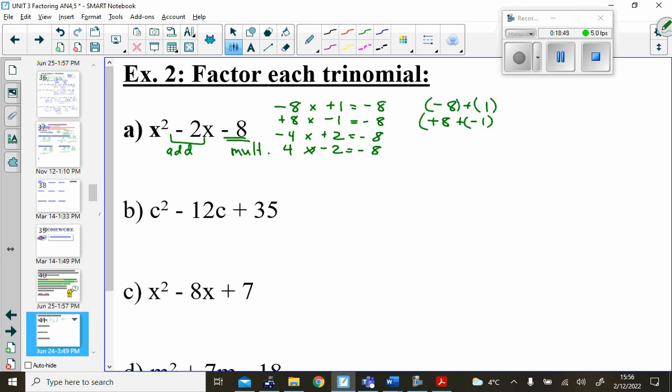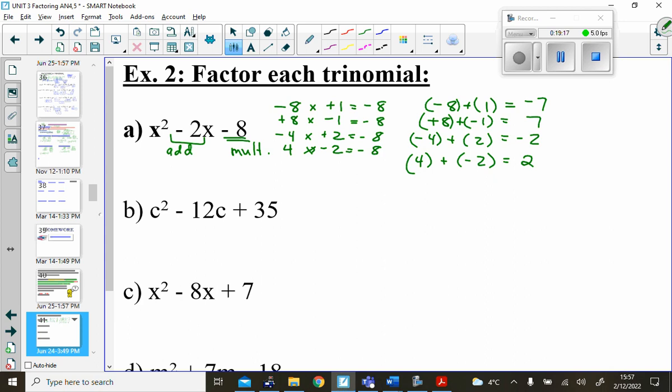So I'll put brackets around it to make it easier to see. Negative 8 plus 1 is negative 7. 8 plus negative 1 is positive 7. Negative 4 plus 2 is negative 2. 4 plus negative 2 is positive 2.